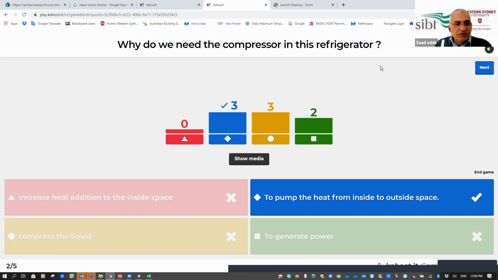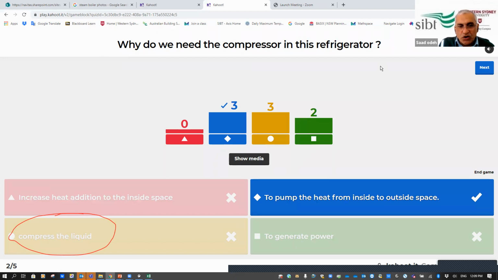Yes, that's right, I agree with you. But we don't have liquid, actually. We have gas. We don't compress liquid, we compress gas, correct? We mentioned before, with liquid we pump, and we compress gas. So I know that you looked at this answer, compress the liquid, but it's wrong because we don't compress liquid.